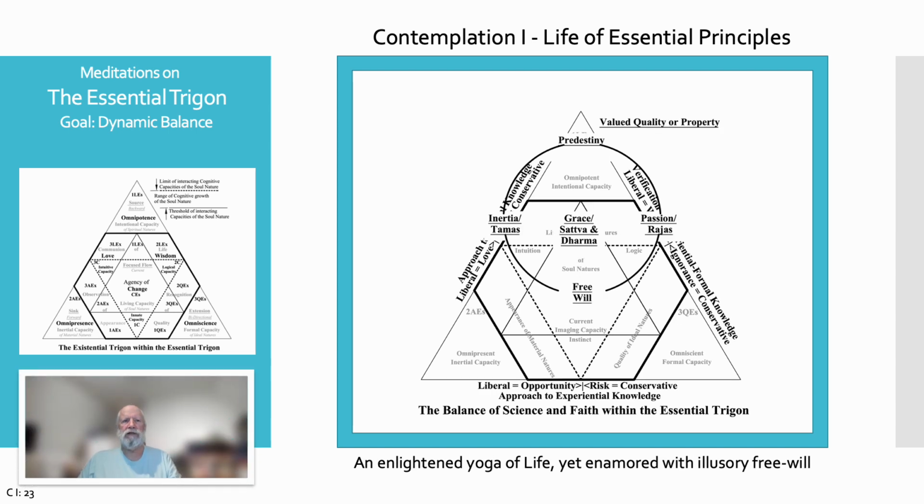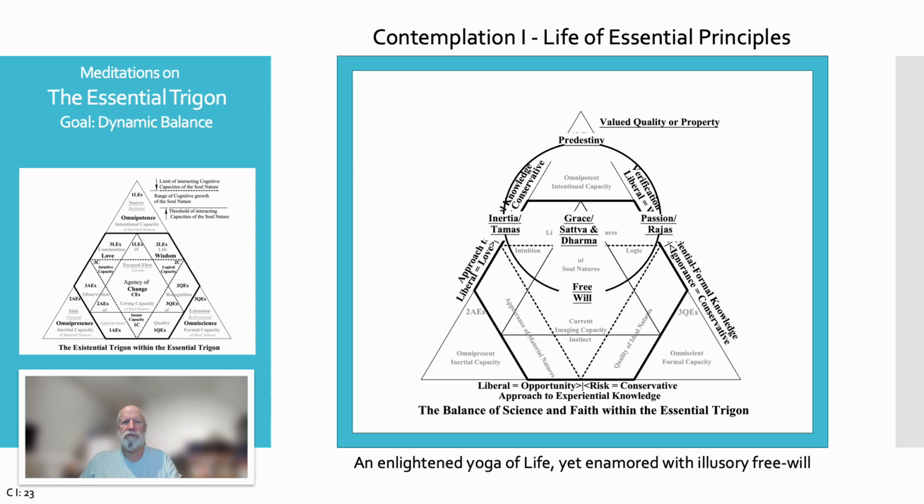From an analogous theosophical perspective, the ideal goods of the soul and the community are substituted from the last slide as shown. Dynamic balance is replaced in the position of essential equilibrium by grace or sattva, which is harmony, and dharma, which is moral duty.